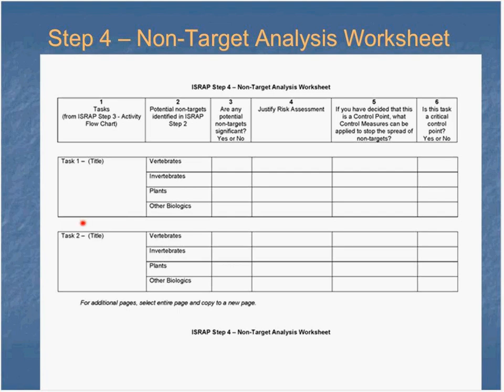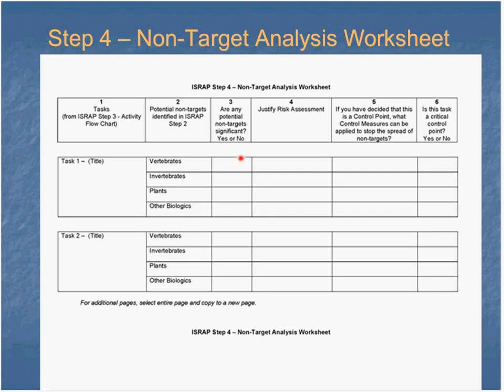Now, the target analysis worksheet. This worksheet will take your tasks in column 1, and then in column 2 the potential non-targets that you identified in step 2. And then you'll do your risk assessment.